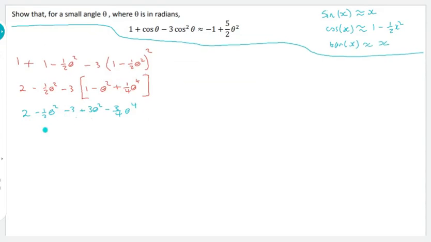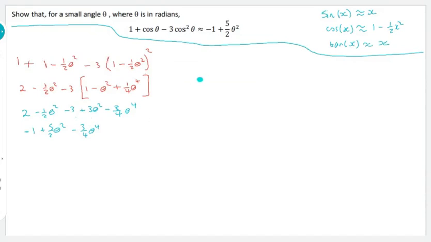Then 2 minus 3 is minus 1. Minus a half theta squared plus 3 theta squared is 2.5 theta squared, which is the same thing as 5/2 theta squared. And you've got this extra minus 3/4 theta to the 4.